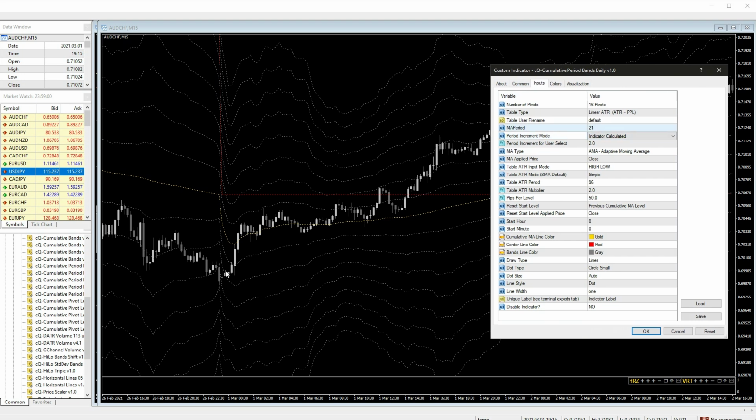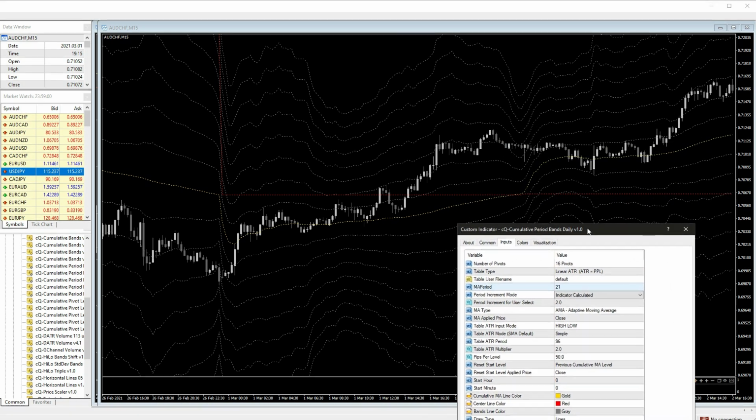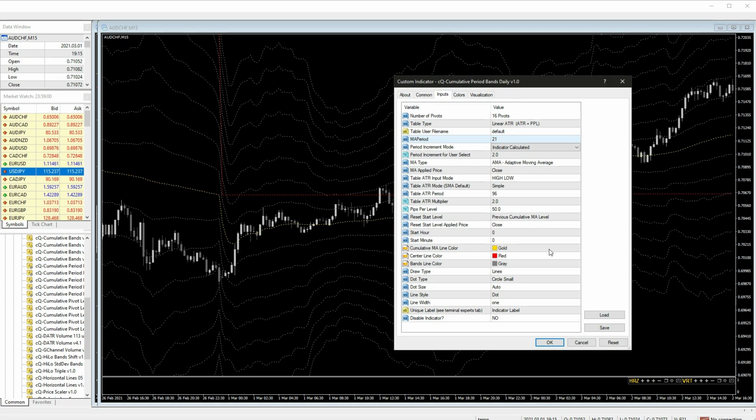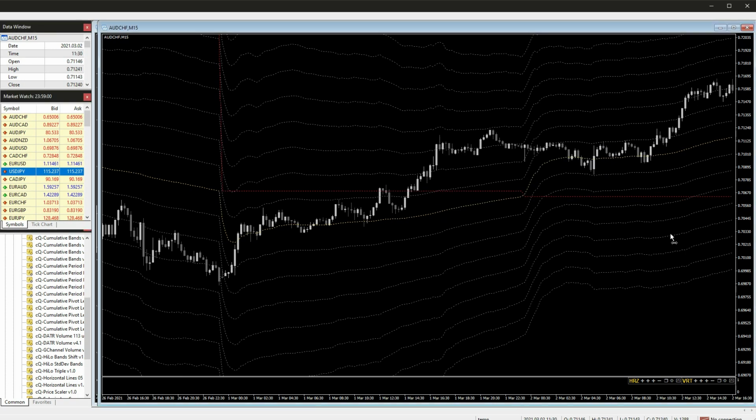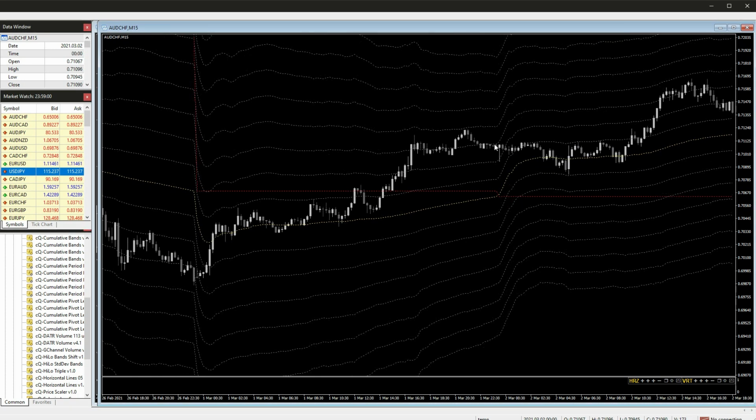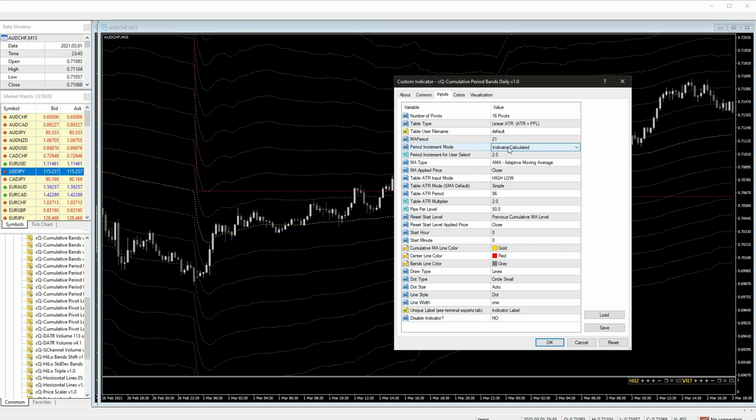It's going to start at 1 or 2, sometimes 3, depending on the moving average, and it will increment until it gets to the last candle. I'll show you right here. It's going to start out at, say, 1 or 2, and then calculate its own increment value until at this point it's 21. That's what this means here.